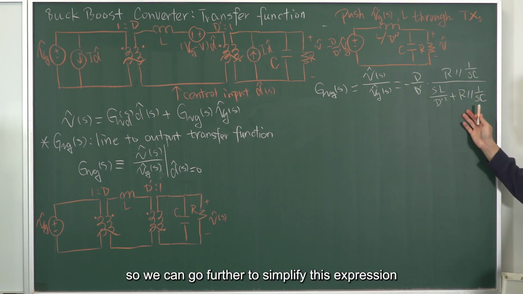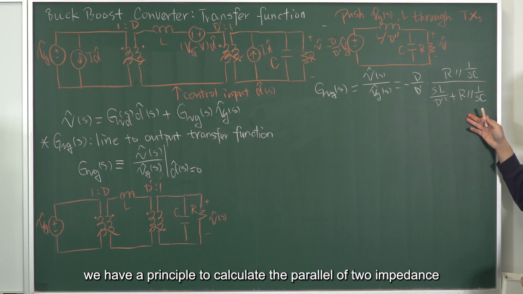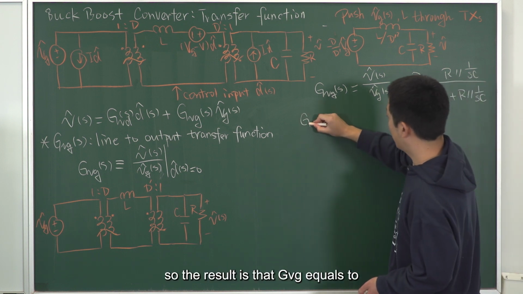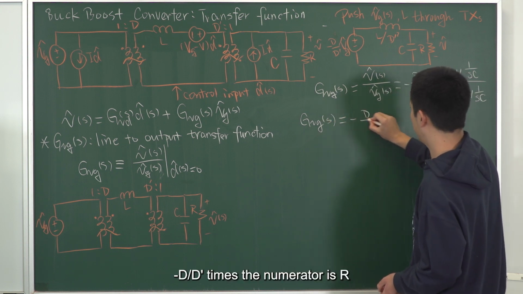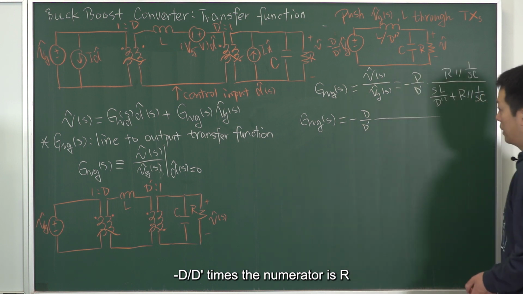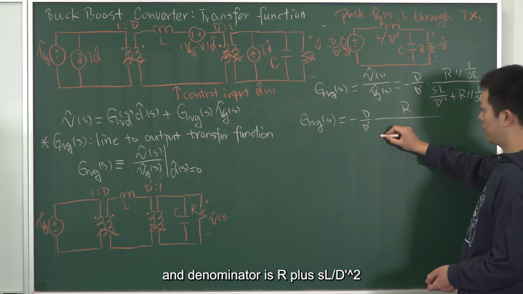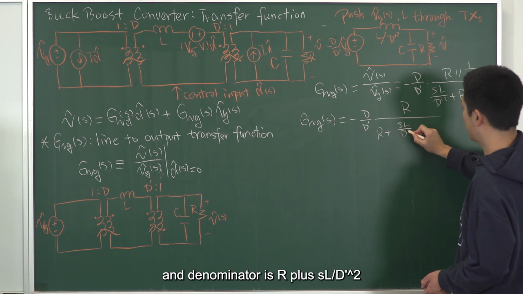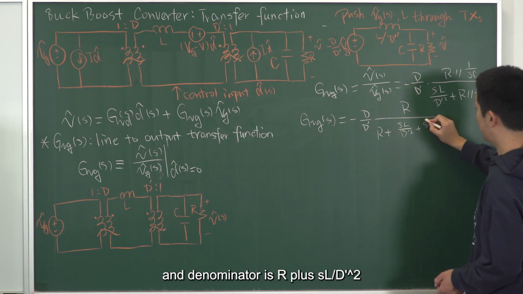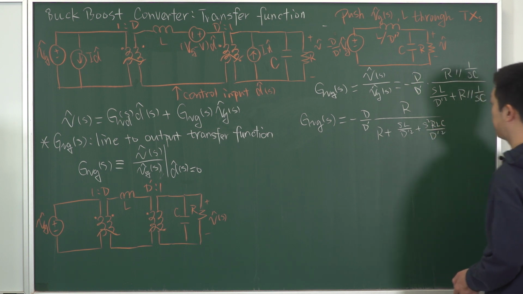So we can go further to simplify this expression. We have a principle to calculate the parallel of two impedances. So the result is that GVG equals minus d over d prime times the numerator R and the denominator R plus SL over d prime square plus S square RLC divided by d prime square.